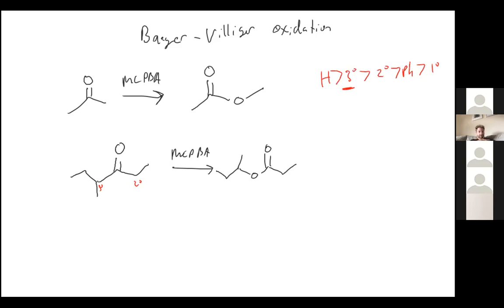We said aldehyde is the most likely, or sorry, proton is the most likely, so if we have any sort of aldehyde, this is going to immediately insert into that proton bond and just make a carboxylic acid.